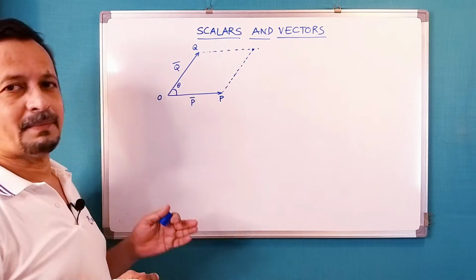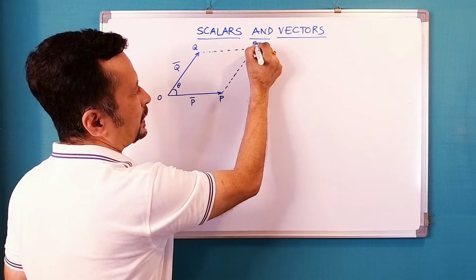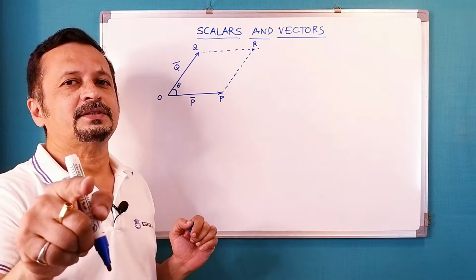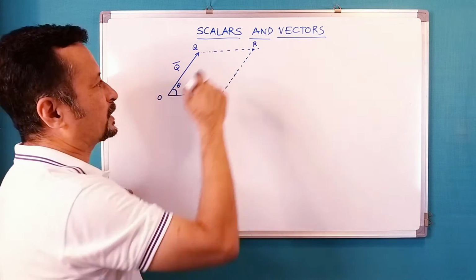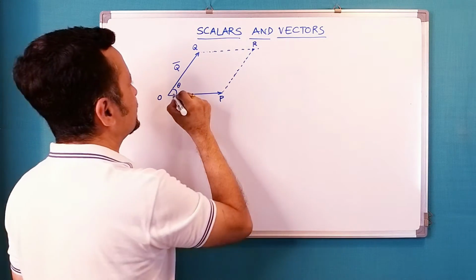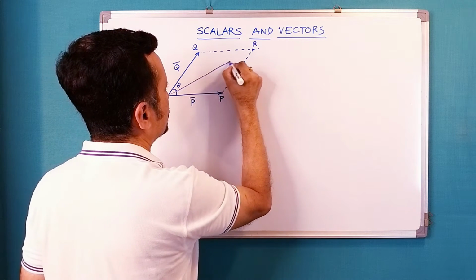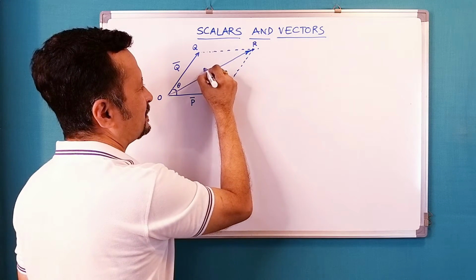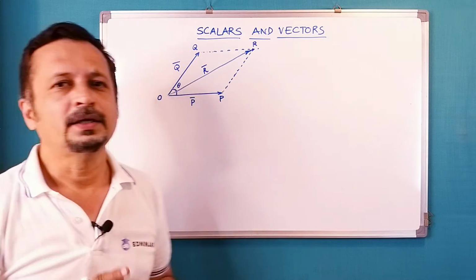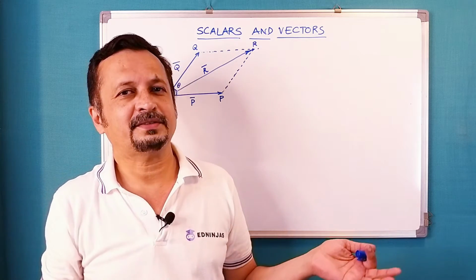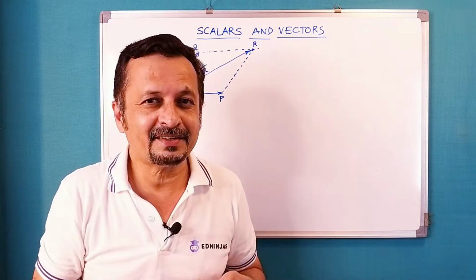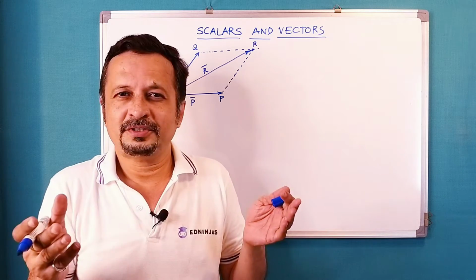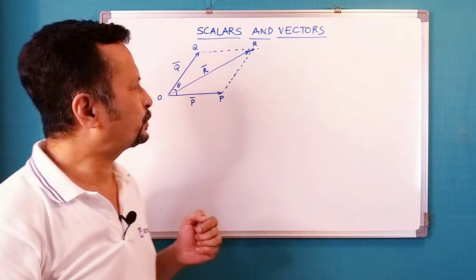Let us imagine that they meet at point R. My resultant is given by OR, so I will have to connect this, and this is my resultant R bar. Now you would say, how did you get this? Whatever I say here, I must be able to prove, isn't it? You shouldn't take it just because I am telling you. Let us prove that.